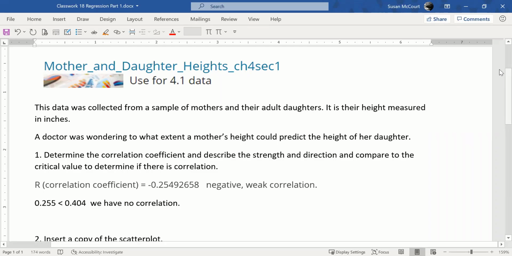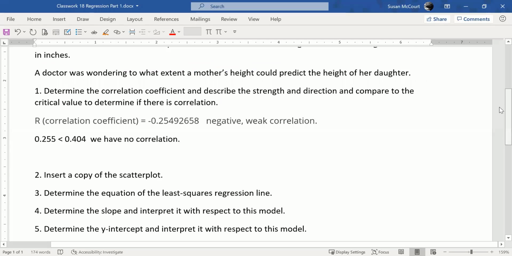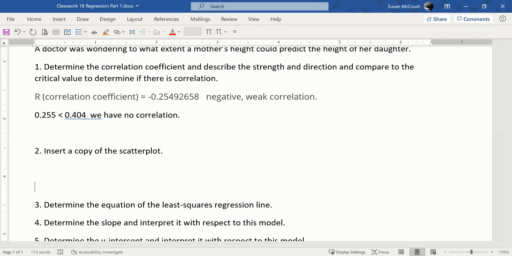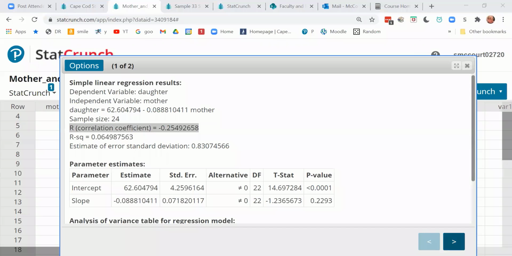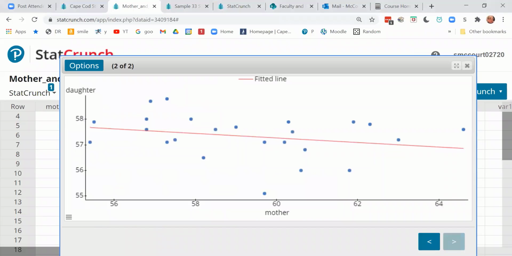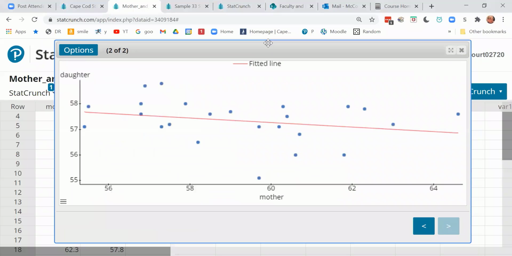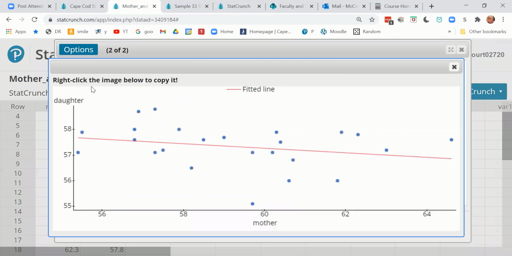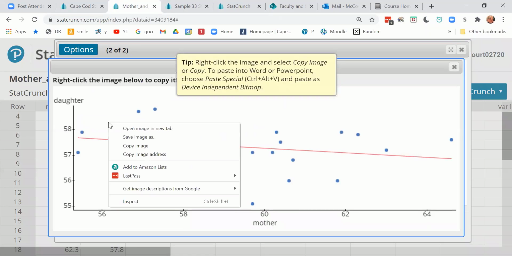Okay, next question. Insert a copy of the scatter plot. So if I go back to StatCrunch, where this button is, I go right, and I can get a copy of the scatter plot with the fitted line. So I can do Options, Copy, and then right-click the image to copy it.